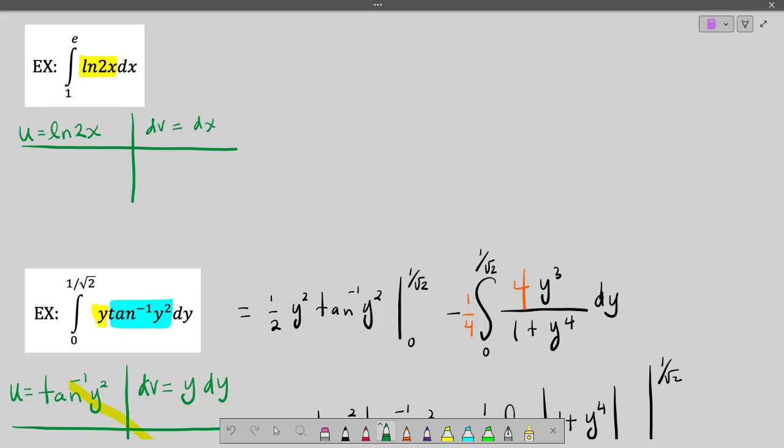Okay, so we're going to let u be natural log of 2x, dv be dx. Once again, chain rule. If you mess up your chain rule here, you've got a long way to go, and you're going to be going down a rabbit hole. So remember that it's 1 over the inside for a natural log's derivative, multiplied by the derivative of the inside. So the 2's cancel, and we'll be left with just 1 over x as the derivative.